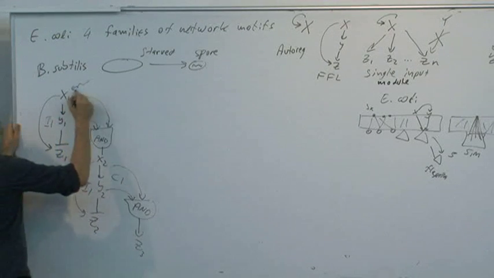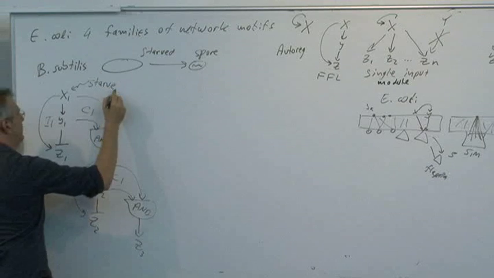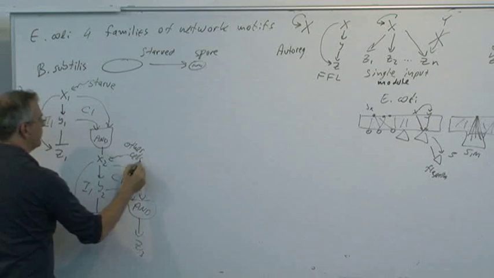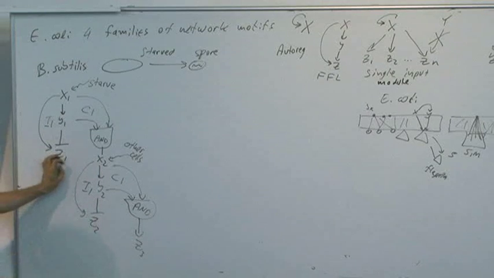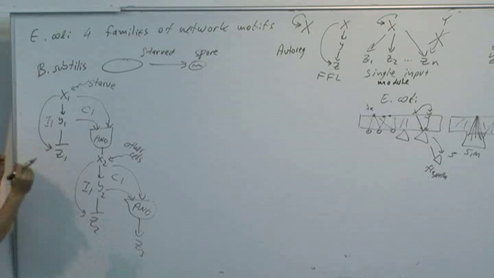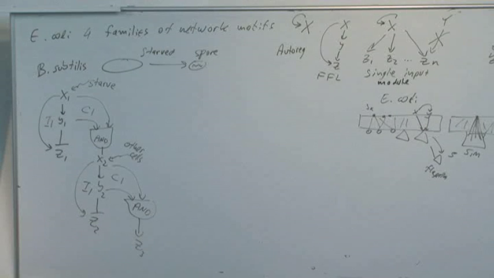This is a starvation signal, and this is a signal that comes from other cells around. Here, it's actually tens of genes. So this is a multi-output feed-forward loop with different Ks allowing for temporal order.